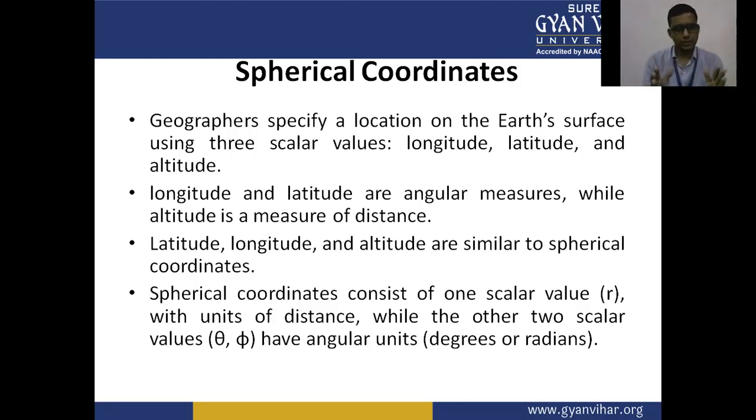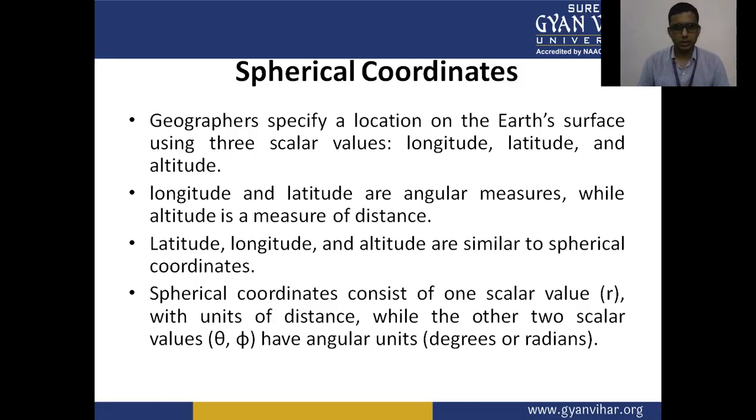So in the spherical coordinate system, we have three scalar values: one is the longitude, another the latitude, and the third is the altitude. Longitude and latitude are angles, measured in angular measurement.